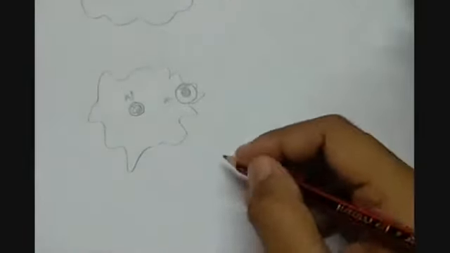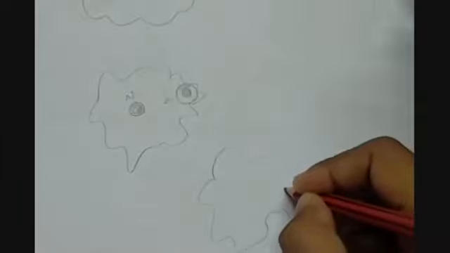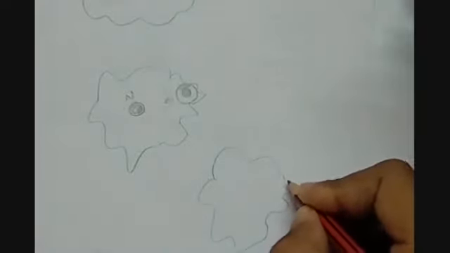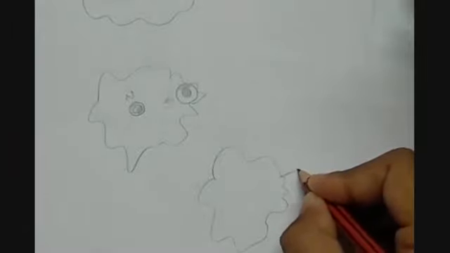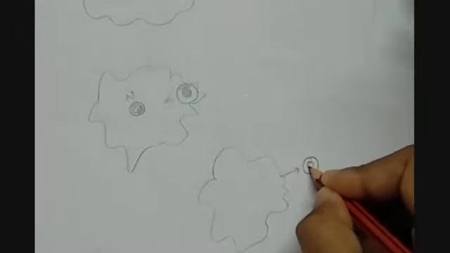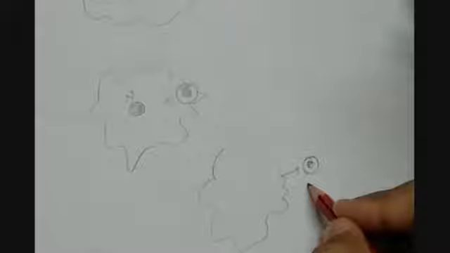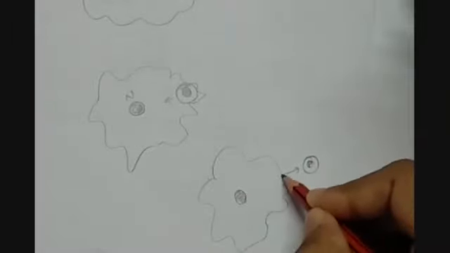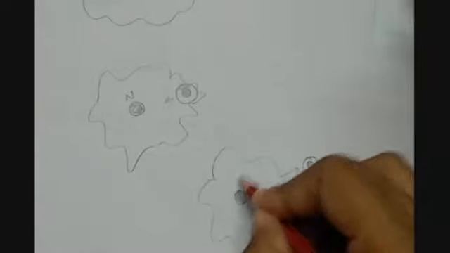With the same process, the food particles will eject out. The cell wall ruptures and throws the unused food away, and the cell wall becomes the same as earlier. So this is how nutrition in amoeba occurs.